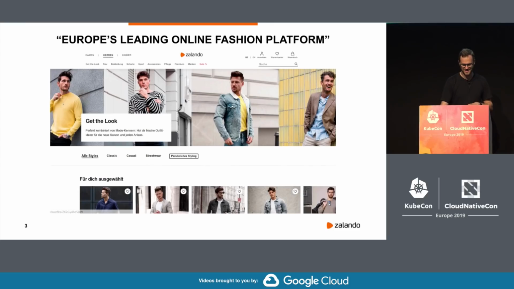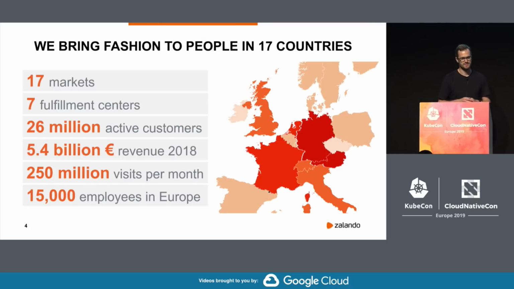Let's see. What is Zalando? We are Europe's leading online fashion platform. We sell socks and shoes and all kinds of fashion articles all over Europe online, and you go there, you order your things, get them, and then you can send them back if you don't like it, all for free. And we are in 17 markets.